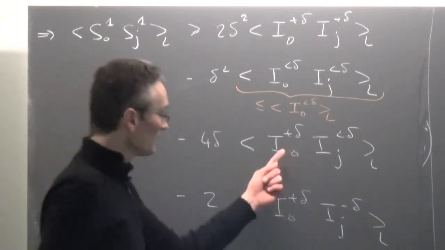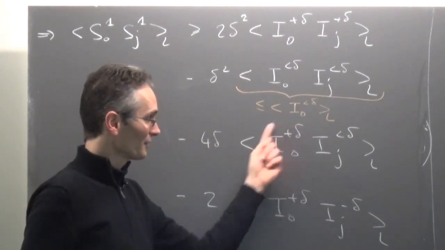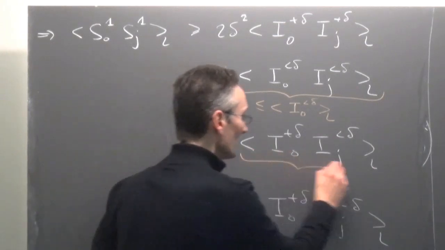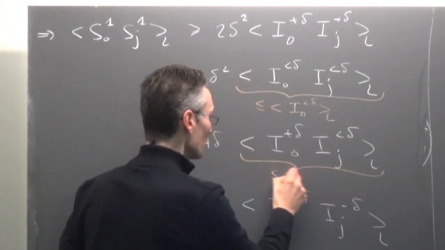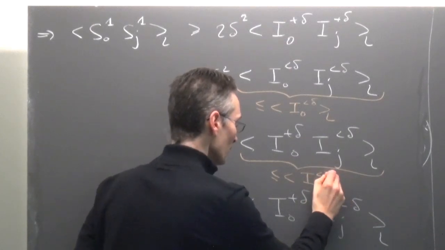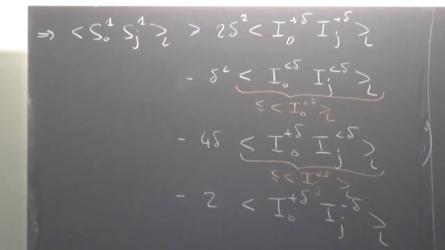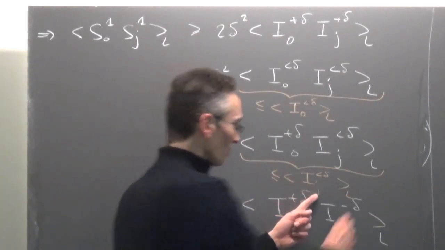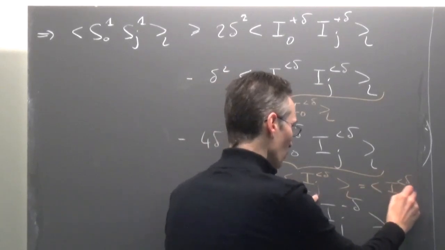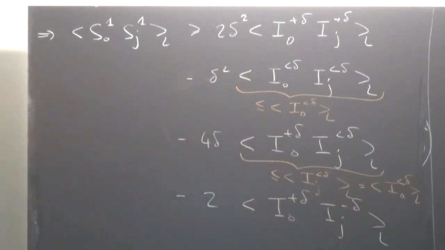For this guy, this is typical, so that's what I expect to be always of order 1, and this should be very small. So again it makes sense to only keep the part which should be small. Okay, so I'll do it like that. And of course it's at j, but by translation invariance I could write I smaller than delta at 0. The expected value will be the same by translation invariance.